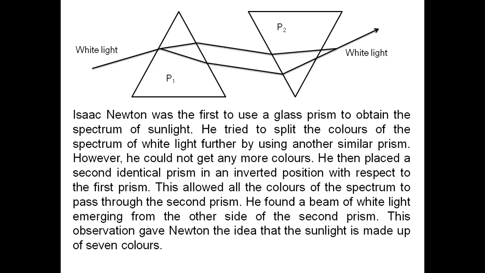This allowed all the colors of the spectrum to pass through the second prism. He found a beam of white light emerging from the other side of the second prism. So this observation gave Newton the idea that sunlight is made up of 7 colors.